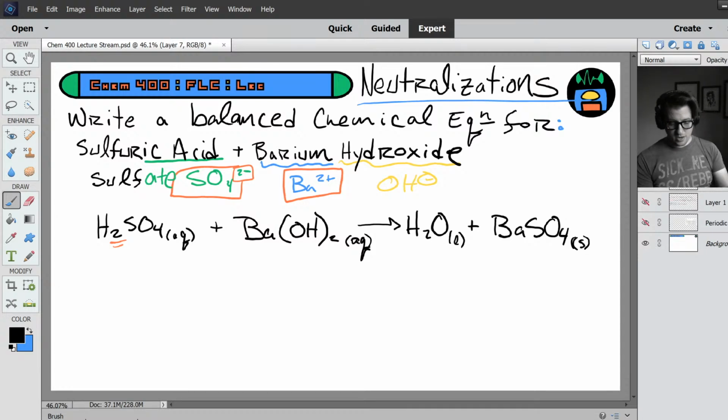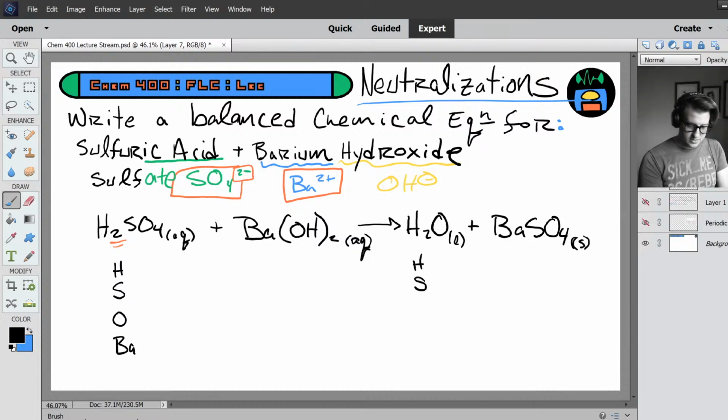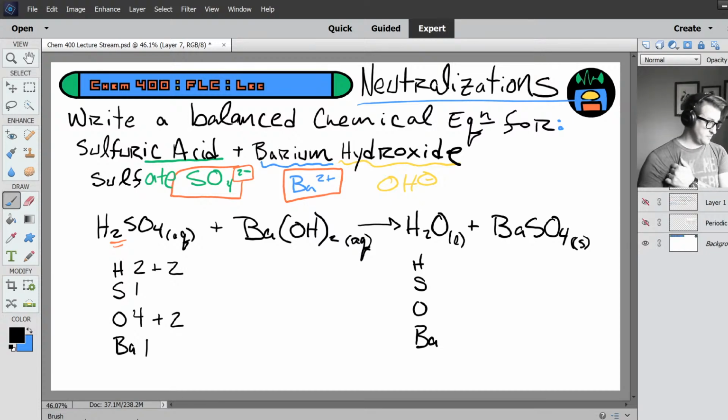All right, now we need to balance our chemical equation. So we have hydrogen, sulfur, oxygen, barium on both sides of this reaction. Hydrogen, we have 2 coming from sulfuric acid plus another 2 coming from barium hydroxide, 1 sulfur, 4 oxygen from sulfuric acid, 2 oxygen from barium hydroxide, and 1 barium.